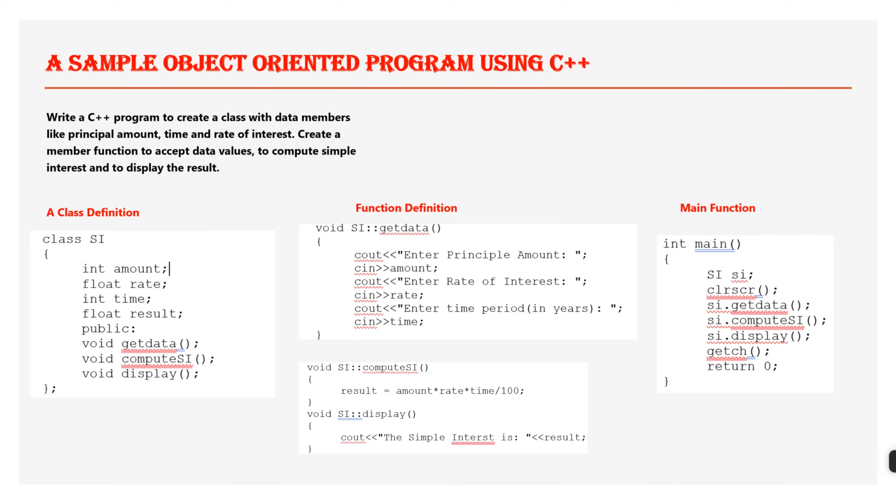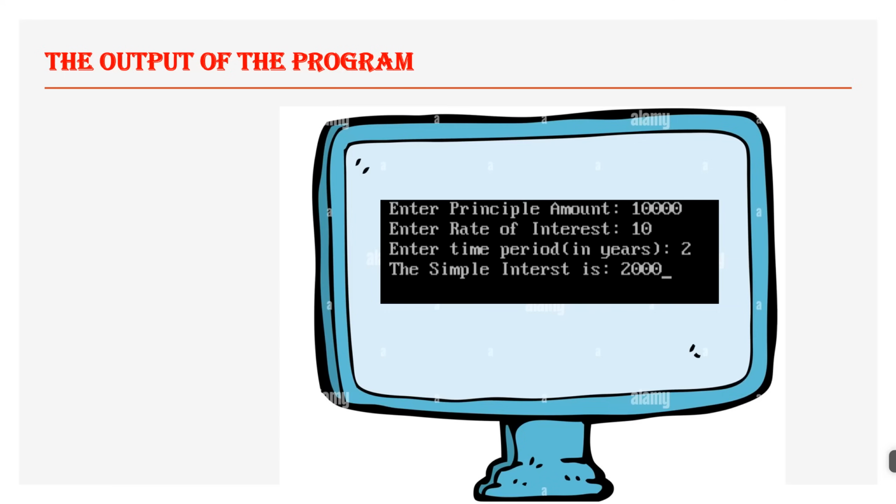So I put together a sample example to show how object oriented programming using C++ is explained. This is the very first and simple example which explains how an object oriented program runs.